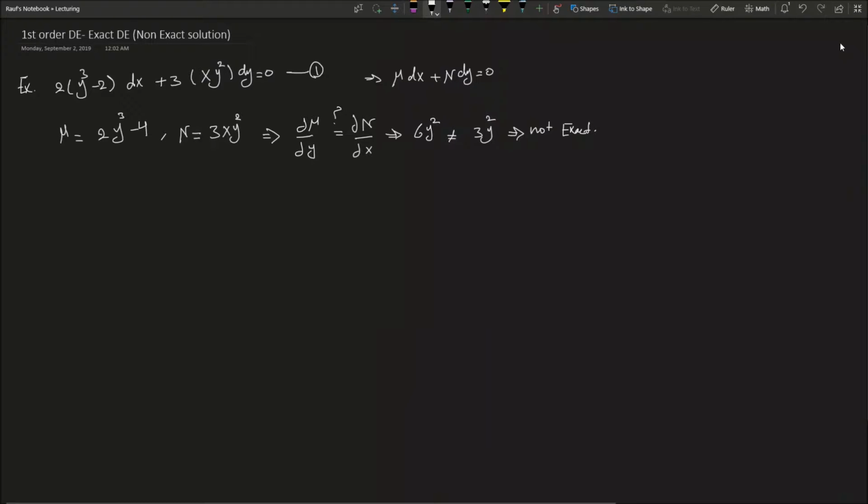Now we want to try to make it an exact equation.